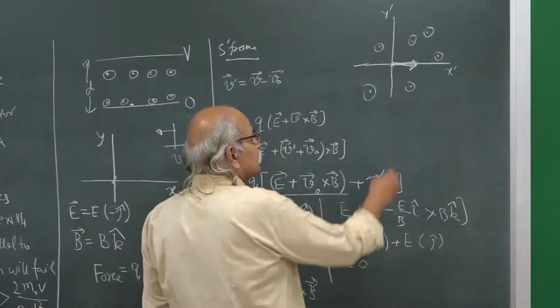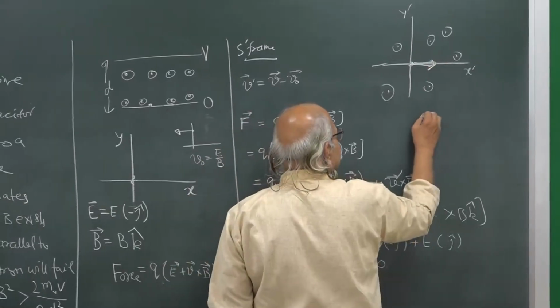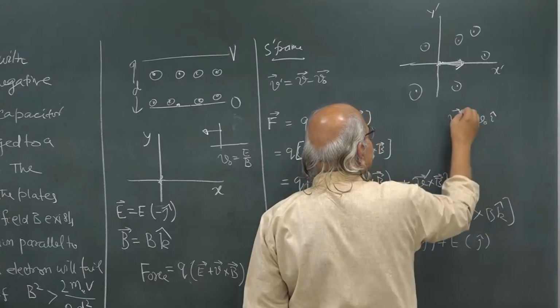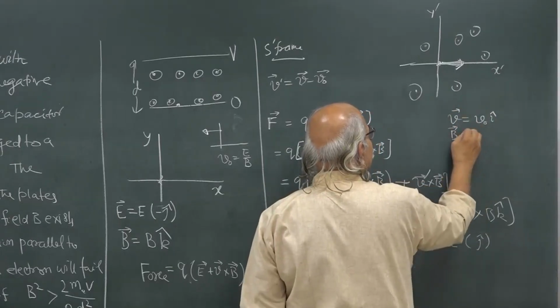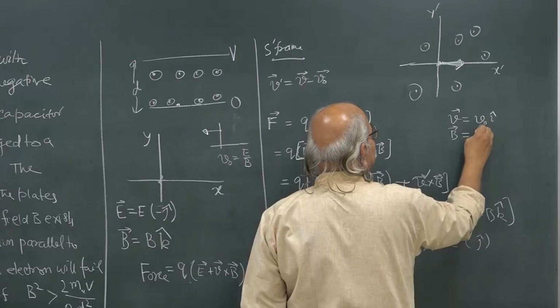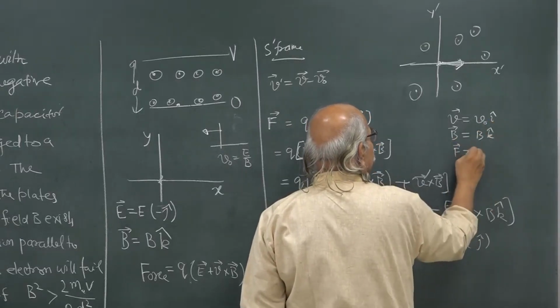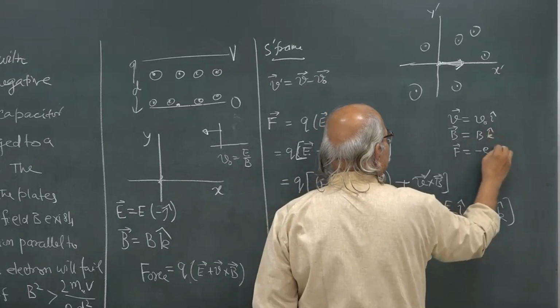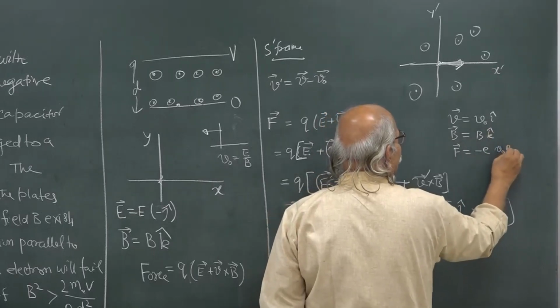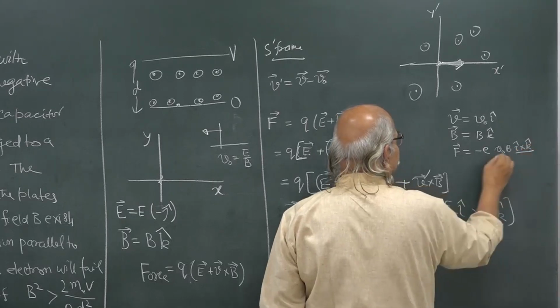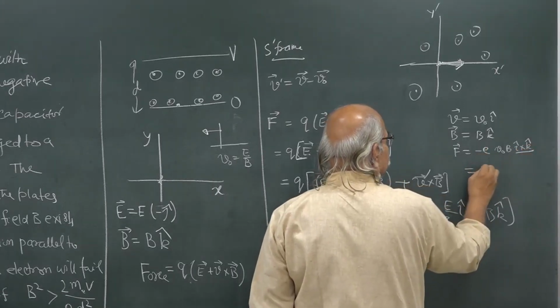So, you can write here the velocity is V naught i cap, and the magnetic field is B k cap, and therefore the force is minus e times V cross B. So, V naught B into i cap cross k cap, and this is minus j cap, so the force is in j cap direction.